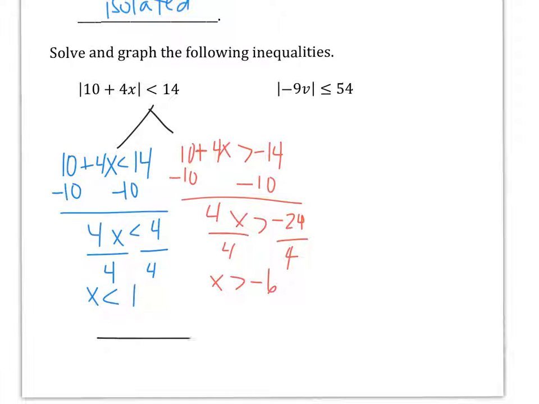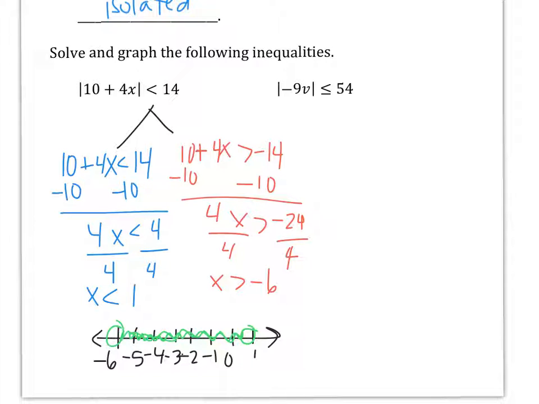Now I'll graph the solution of those two, and I can put some numbers on my number line. I'll have an open circle at 1 and an open circle at negative 6, and then there'll be an overlap there, so this would be an and statement, and that would be my final graph.